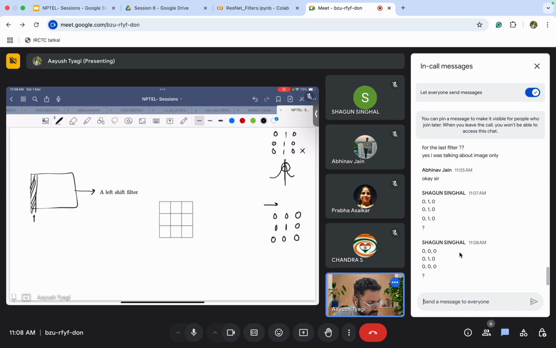It will do actually nothing. It will keep your image the same, because suppose you are placing this 3 cross 3 kernel on the image, on the pixel you are placing it will be 1, rest will be 0. So it is essentially doing nothing, right? It is keeping the image intact.